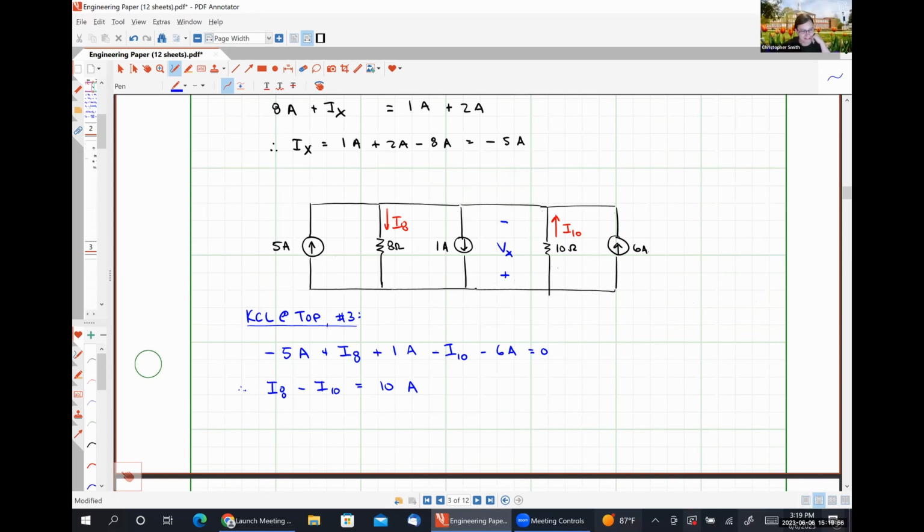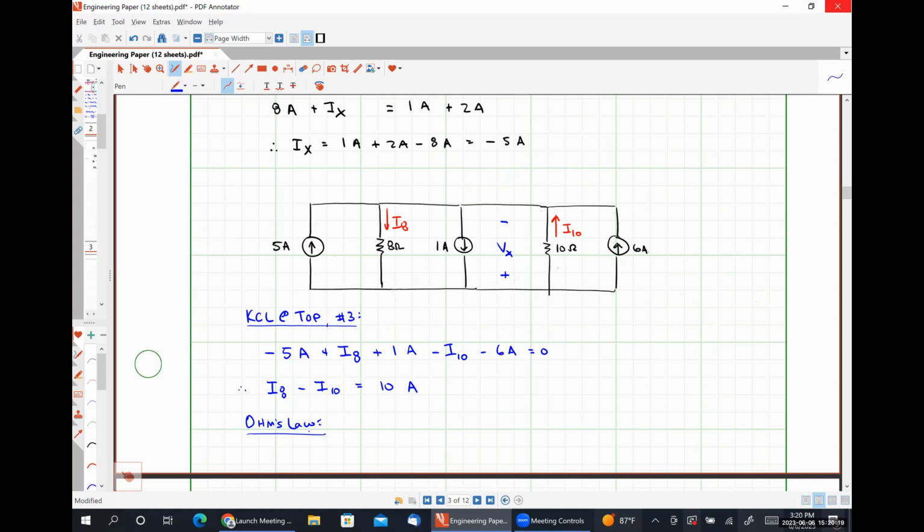Good deal. So what we're going to do now is use Ohm's law and express the currents I8 and I10 in terms of that common voltage Vx, right?